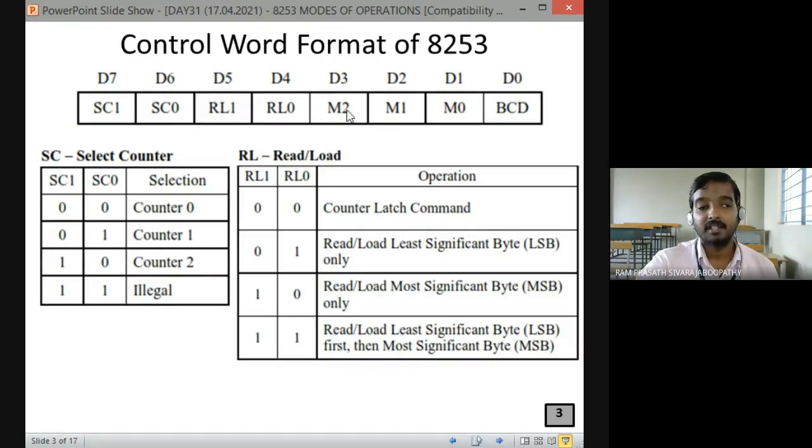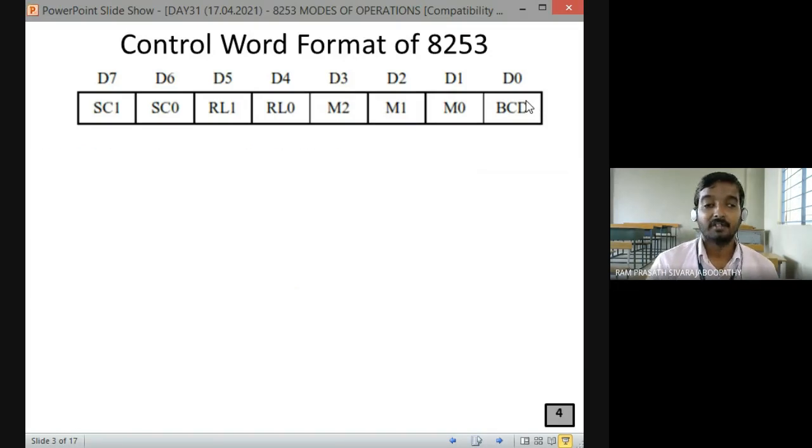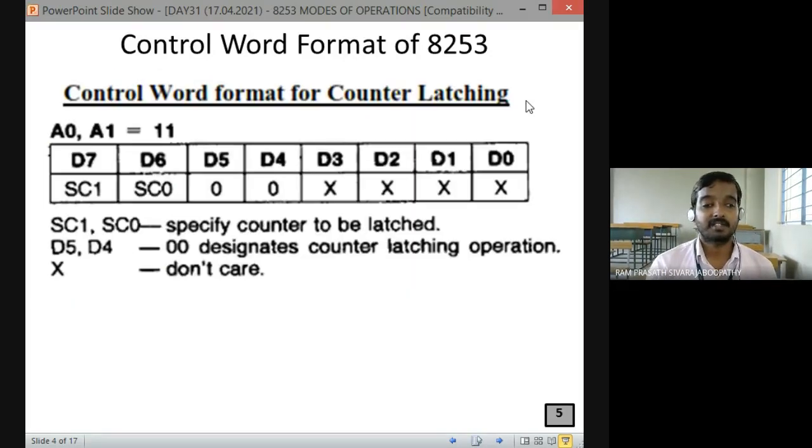The other bits are don't care. It won't consider the remaining bits. That particular command can be used to latch the counter value. So that's all about the counter latch command.